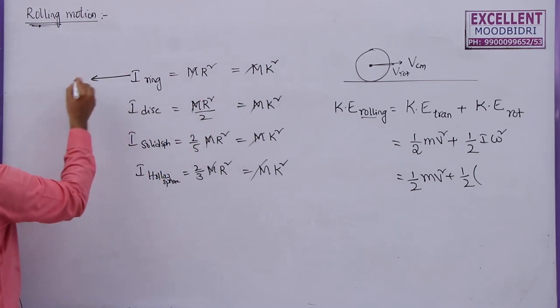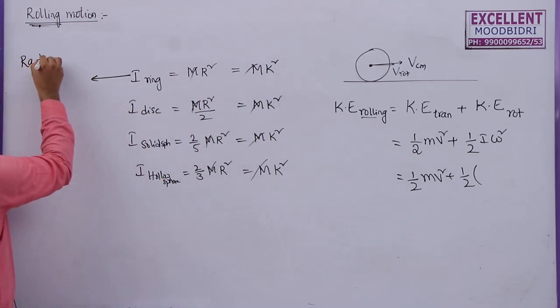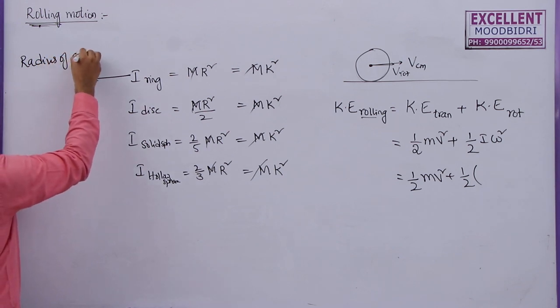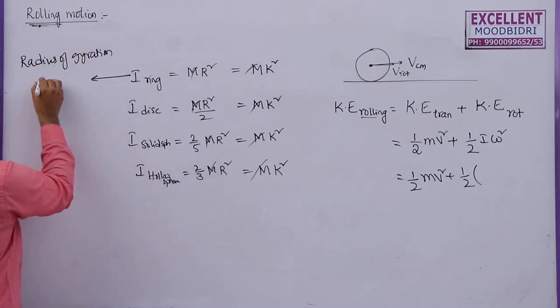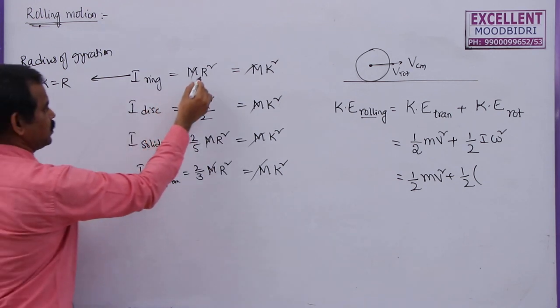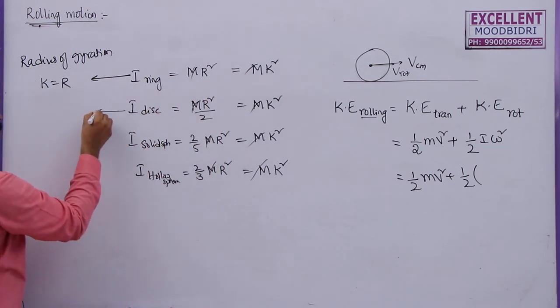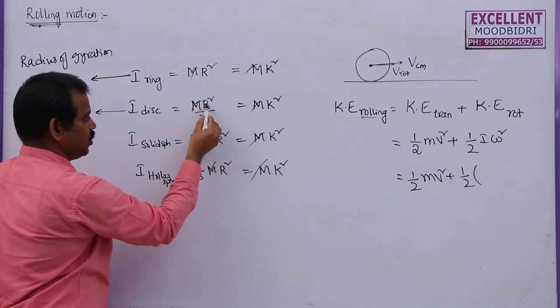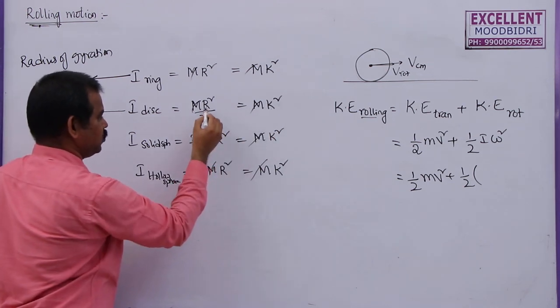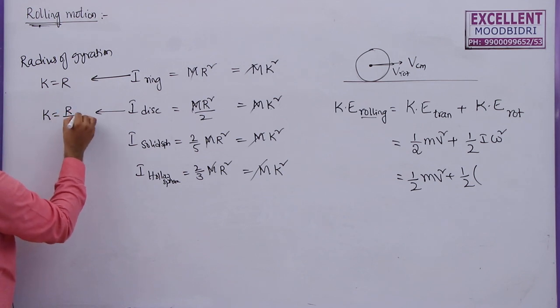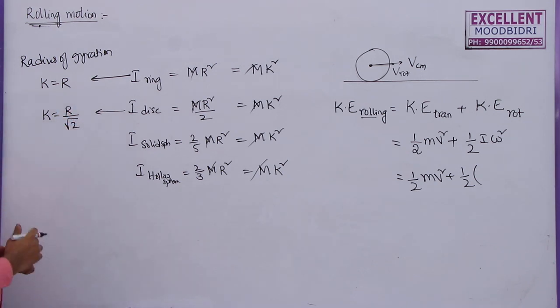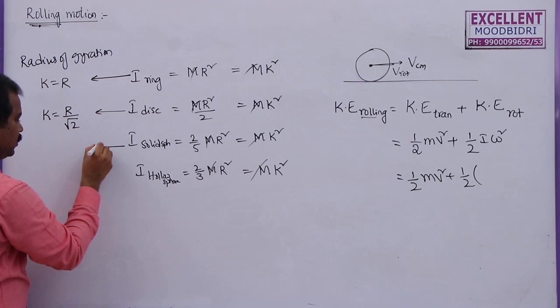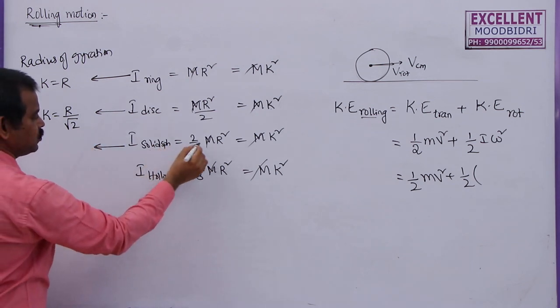So for a ring, the radius of gyration is given by K equal to R, because K square is equal to R square. Now for a disk, what is the radius of gyration? You can see K square is equal to R square by 2, so K is equal to R by root 2. The moment of inertia of a solid sphere is 2 by 5 R square.